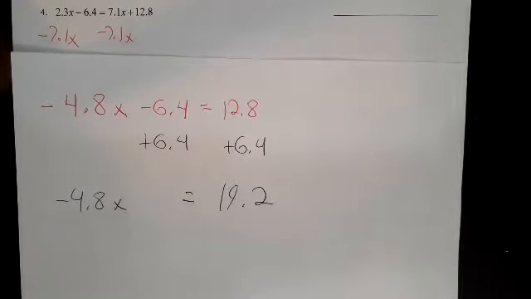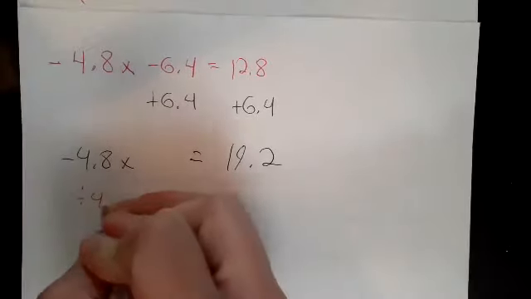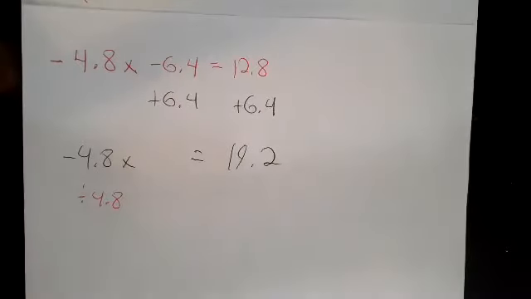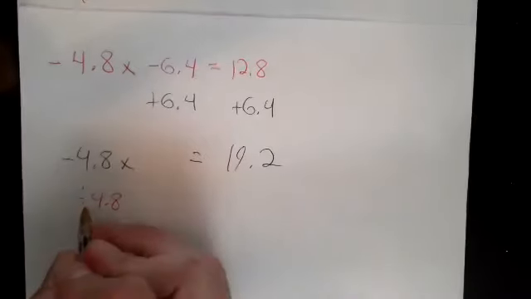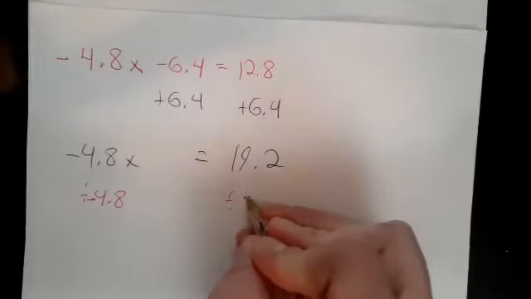Okay, so now we're doing what? Minus 4.8x is 19.2. So the operation between the x and the 4.8 is multiplication. So if we want to get rid of this thing, the next step we should be doing is dividing by 4.8. And if we want to make it positive, it should really be a negative 4.8. So we divide both sides by a negative 4.8.